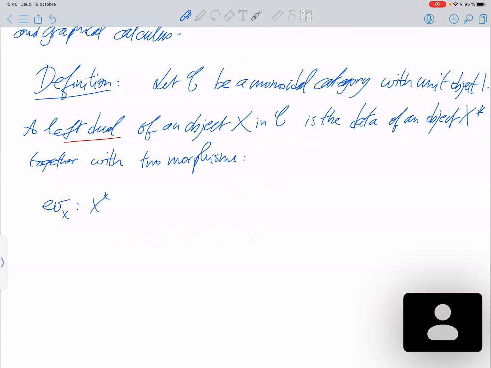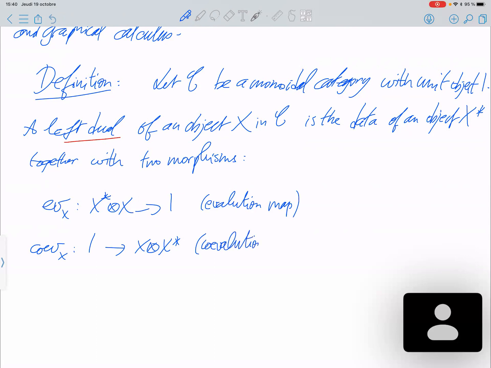The evaluation, X star tensor X to 1, and the co-evaluation, 1 to X tensor X star. This one is called the evaluation map, and this one is called the co-evaluation map.